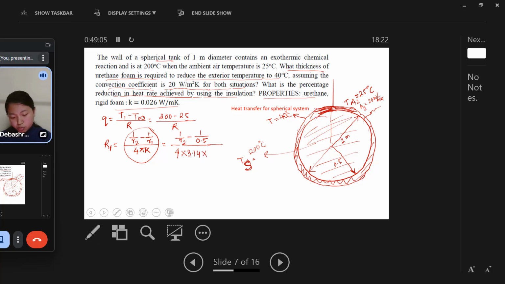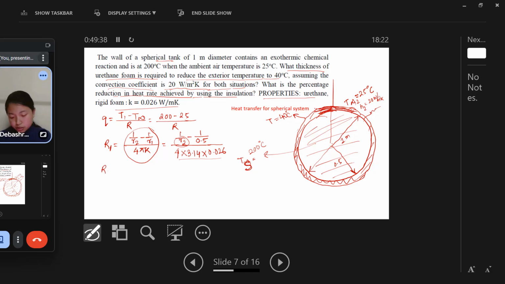K is how much? 0.026. You will get some value for this. I'm not calculating. Since there is R2, just keep it as it is: 1 by R2 minus 1 by 0.5 divided by 4. Just calculate the below one.